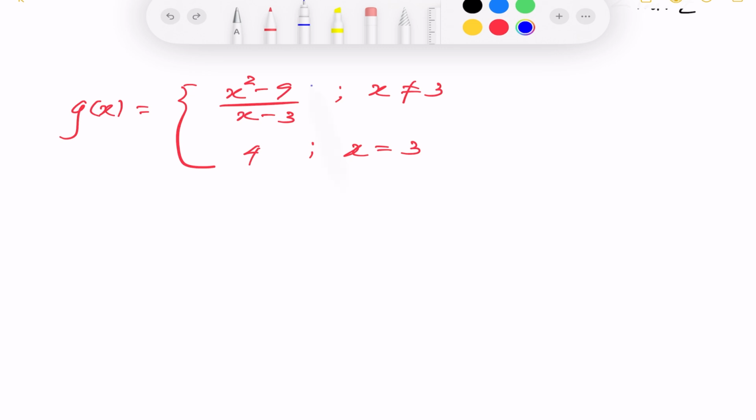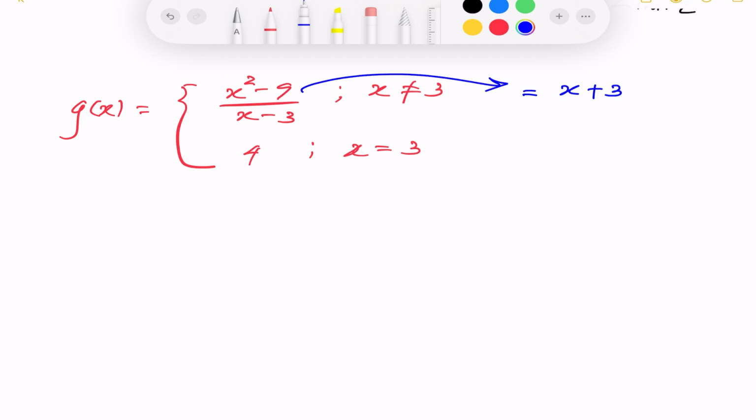Therefore, this part of that function can be simplified to become just x plus 3, because x minus 3 can be cancelled from both top and bottom when x is not equal to 3. If x is equal to 3, that process cannot be done because it is equivalent to dividing 0 by 0, which is undefined in mathematics.